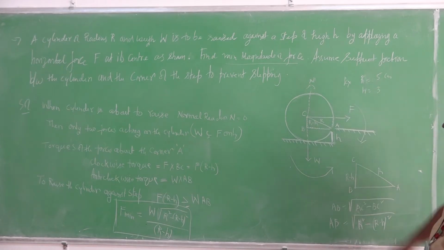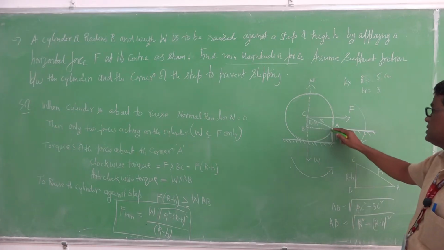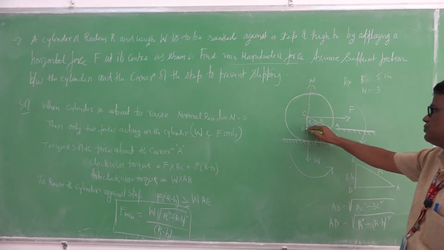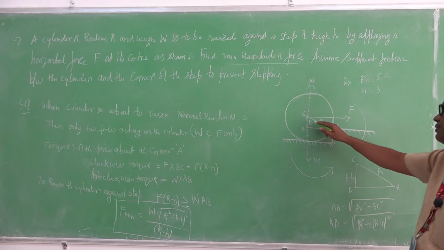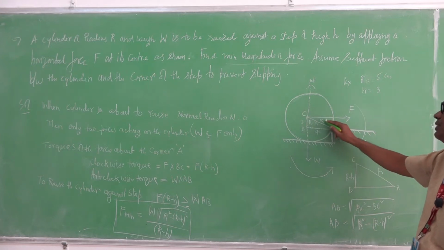Then this is 3 centimeters, this is 2, and this will become 5. This is 5, this is 3, then this will become 4.